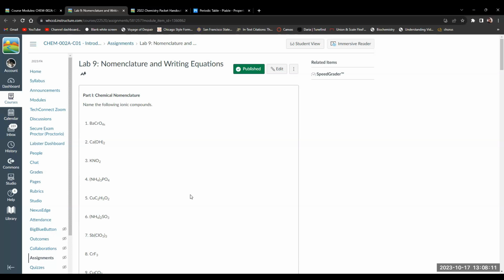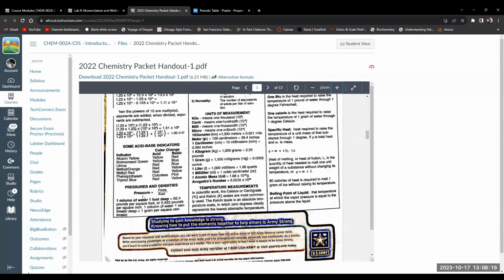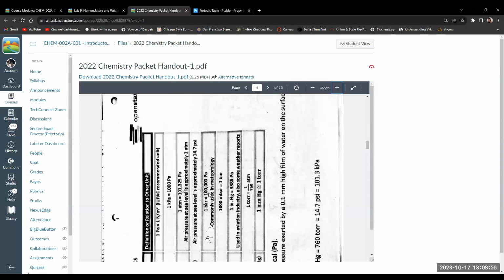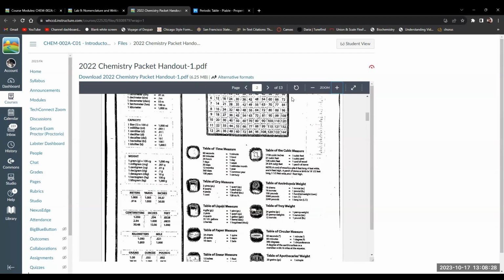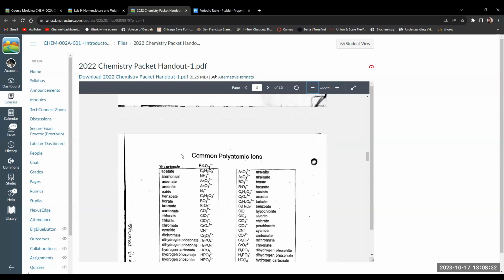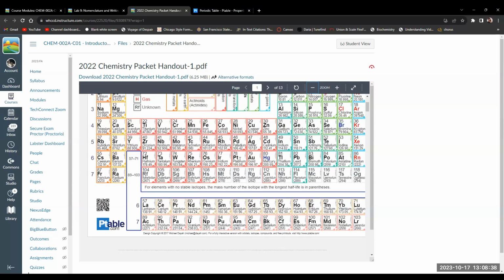A couple things I recommend to have in front of you are your handout, your packet. This should have been provided to you as you were able to use it during the exam. This page, common polyatomics, and the periodic table itself are going to be important for today.